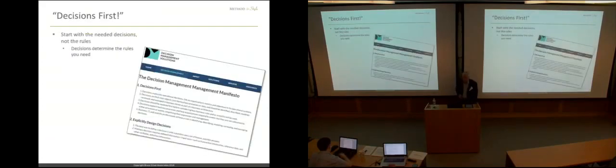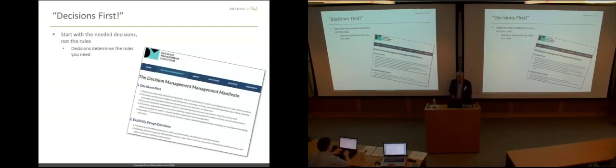So about 10 years ago, this term decision management came in as sort of an antidote to the old way of doing business rules management. And James Taylor was one of the leaders of that. Here's his Decision Management Manifesto. But he coined this mantra, decisions first.